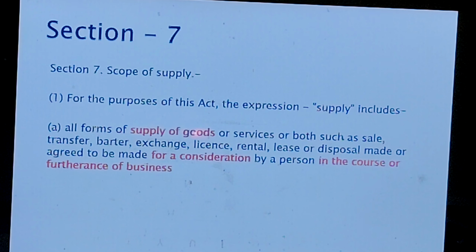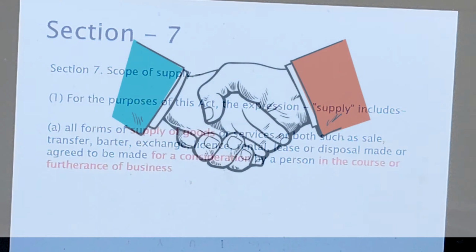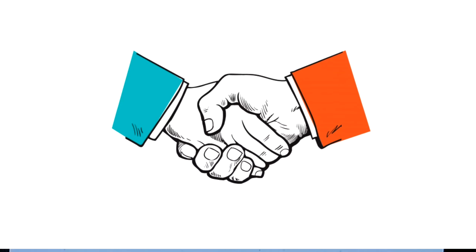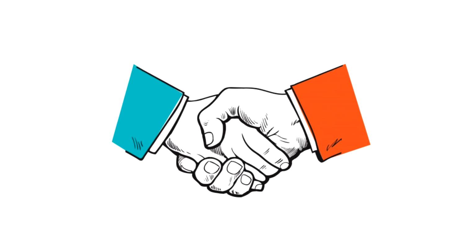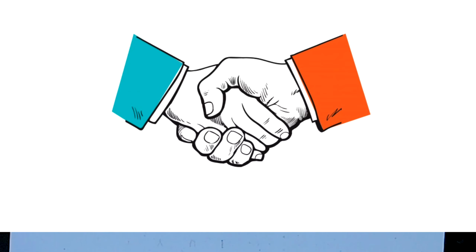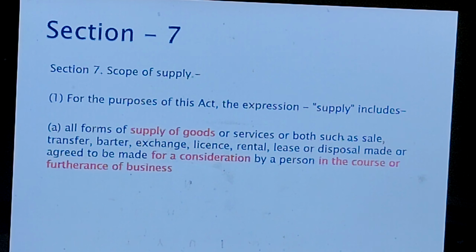So here they are providing the uniform, and for a consideration, yes, they have recovered the cost from the salary of the employees for the purpose of the business, or furtherance of business. And as per section 2 subsection 17, it is incidental to their main business, because uniform is a practice of airline business. All staff wear the uniform.